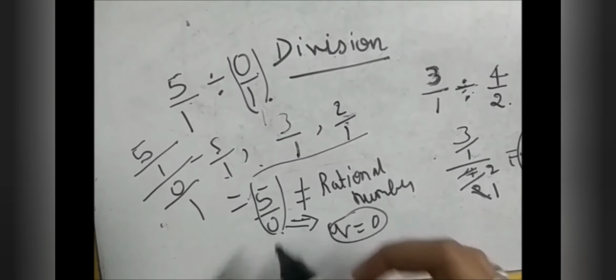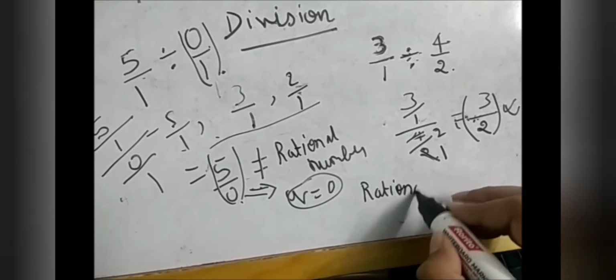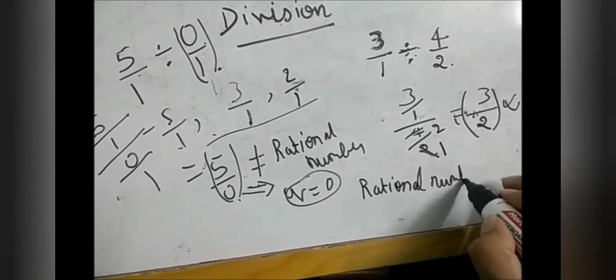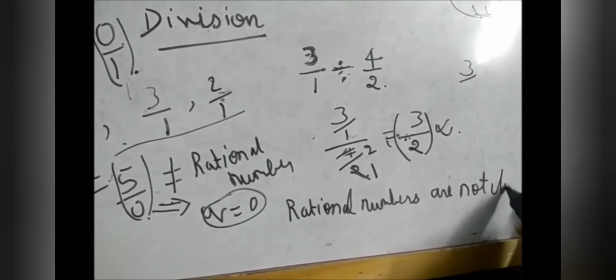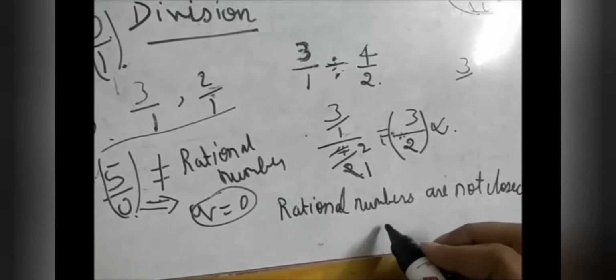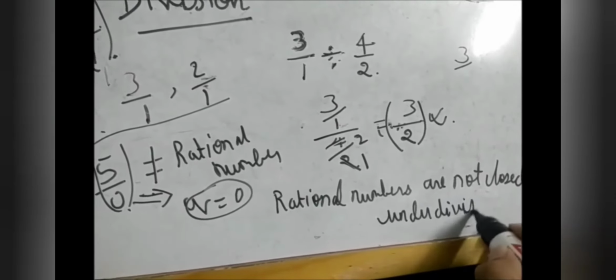So we can say that rational numbers are not closed under division.